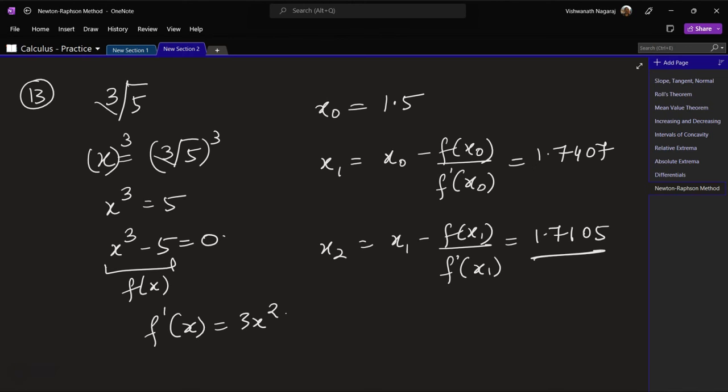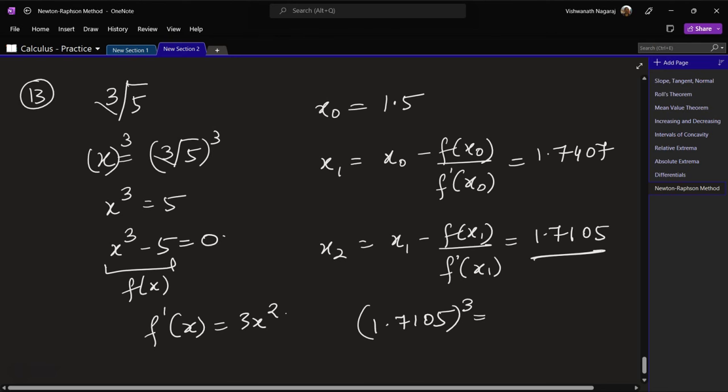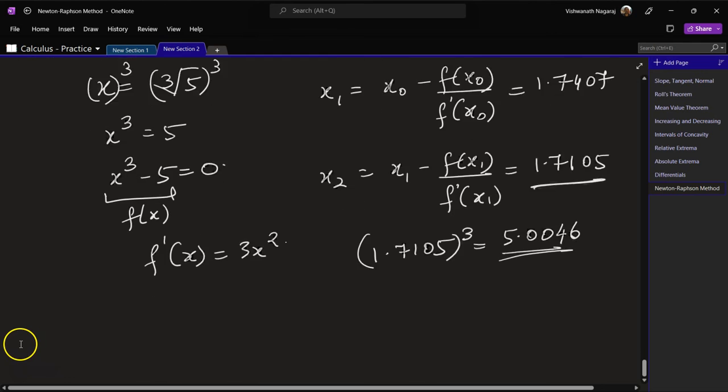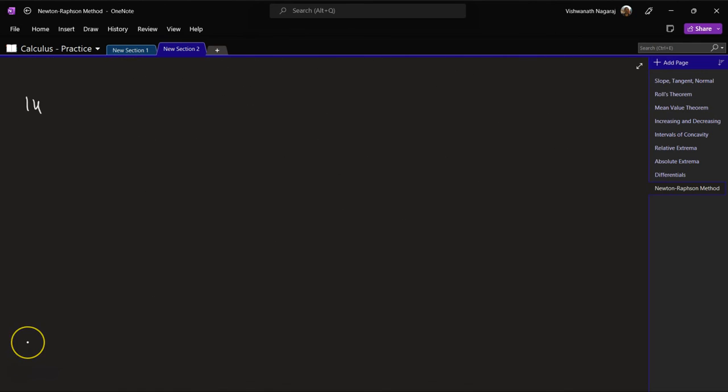So this will be the cube root of 5. 1.7105 to the power of 3 will be 5.0046, which is again quite a good approximation.